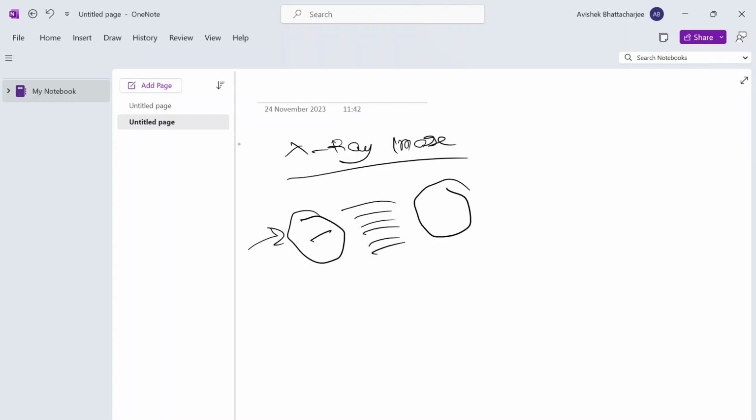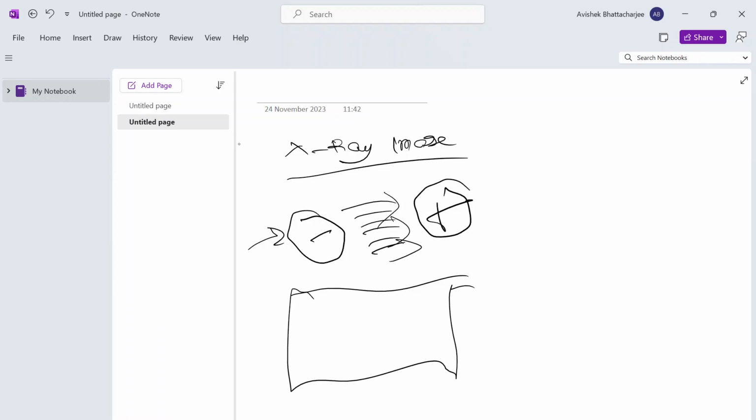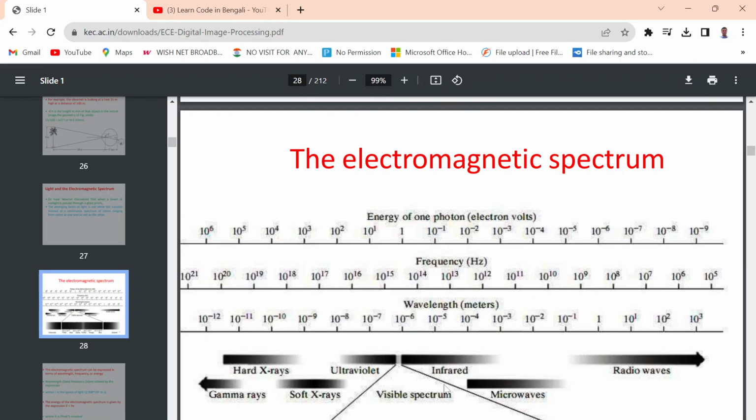These electrons will move to the anode, and when they collide with the nucleus, it produces the X-ray, and this X-ray image will be given to you, for example of your hand or some bones.